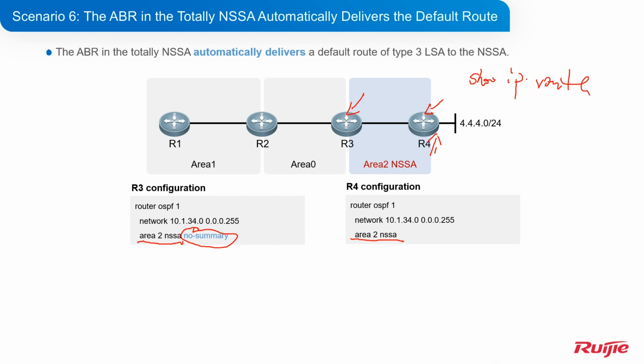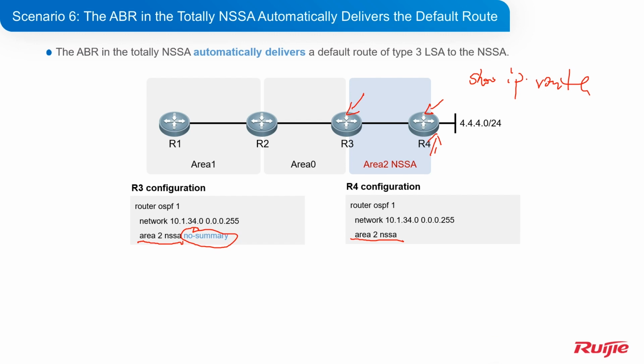Here we can do a simple summary of the different scenarios we use in OSPF, especially for the different special areas: the stub area, totally stub area, NSSA area, and totally NSSA area. For the stub area, totally stub area, and totally NSSA area, we can deliver the default route automatically, so we don't need additional configuration.